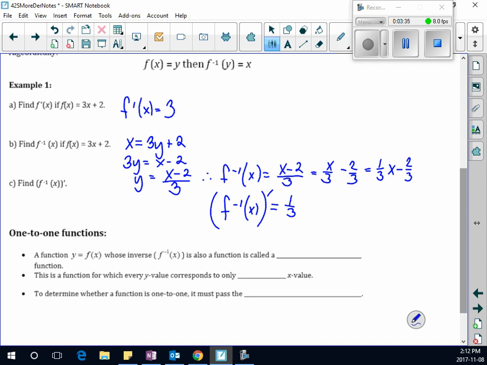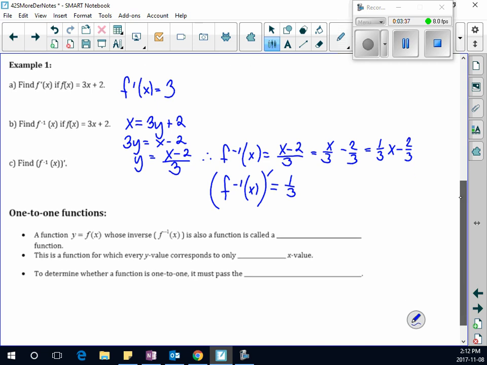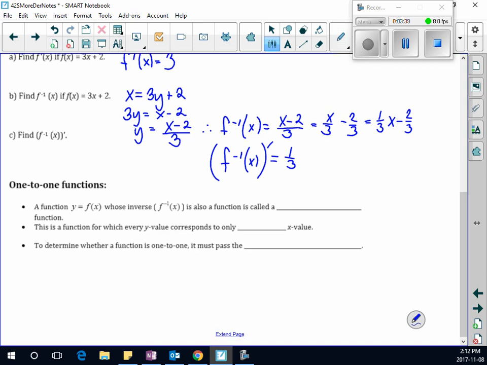Do you remember what one-to-one functions are? For it to be a function, for every x there's only one y. So for the inverse to be a function, meaning it's going to be 1-to-1, for every y there's only one x.